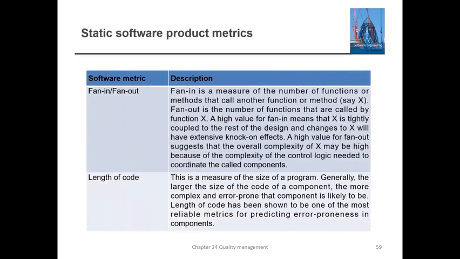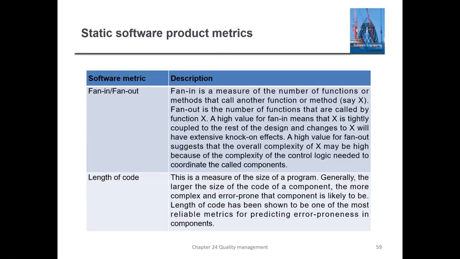Now here we have some of the various static product metrics. What are all the software metrics? The first one is fan in and fan out. If you have a high value of fan in, it means that your function is tightly coupled with the rest of the system design.